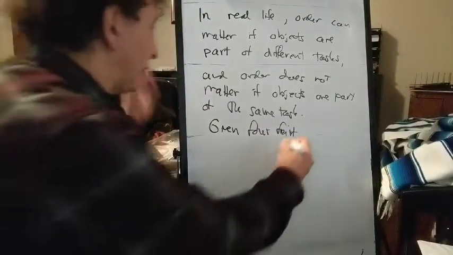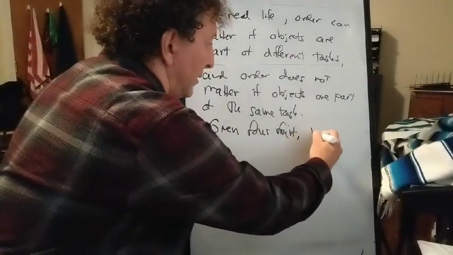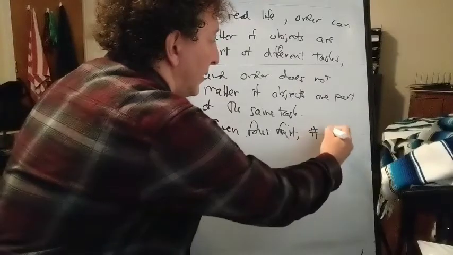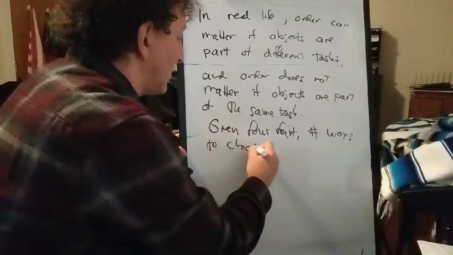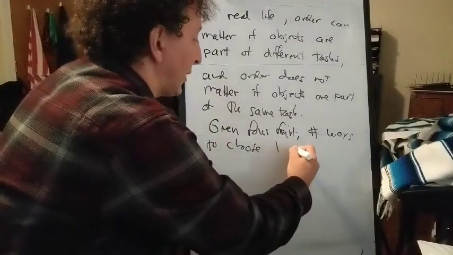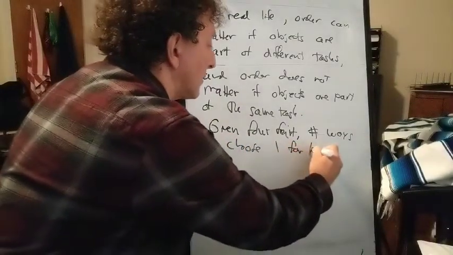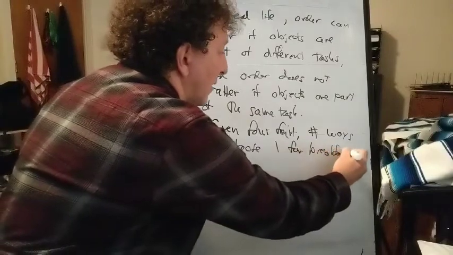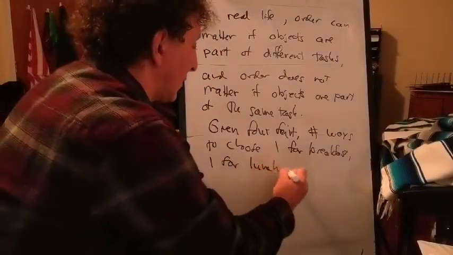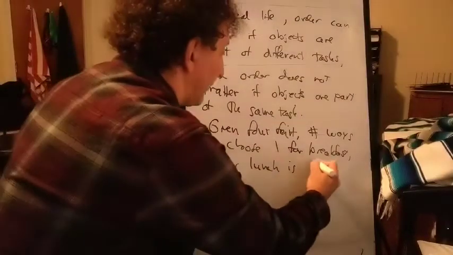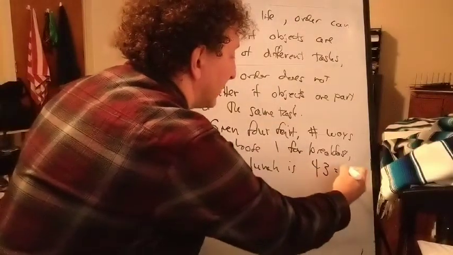So given 4 fruit, the number of ways to choose one for breakfast, one for lunch, is 4 times 3, 12.